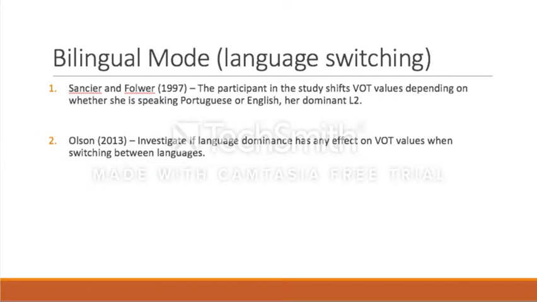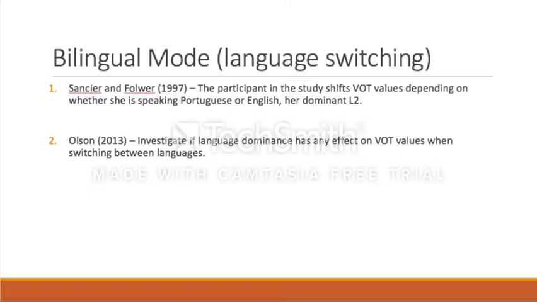Now moving on to some bilingual mode with language switching task. Two studies that exemplify this, I believe, are Sancier and Fowler, 1997. The participant in this study shifts VOT values depending on whether she's speaking Portuguese or English, which is her dominant L2.